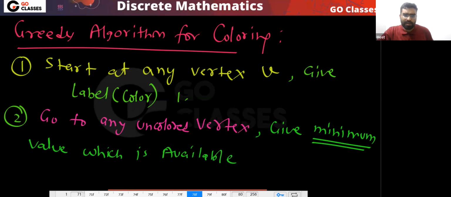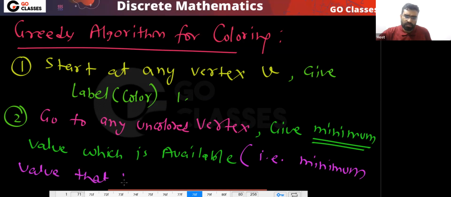What do I mean by available? How to check if it is available? Give the minimum value which is available. It means the minimum value which is not given to its neighbors.